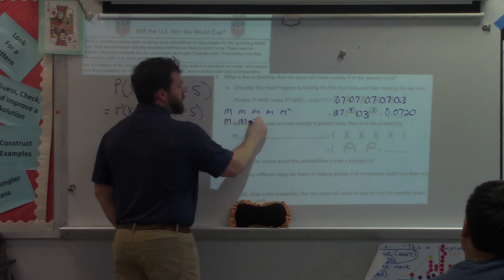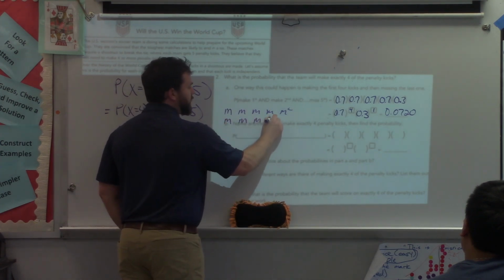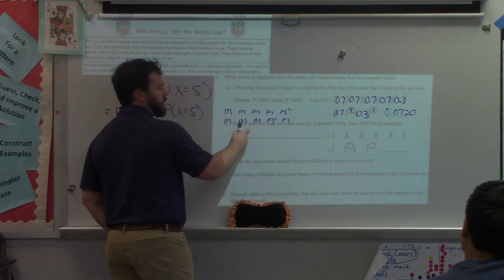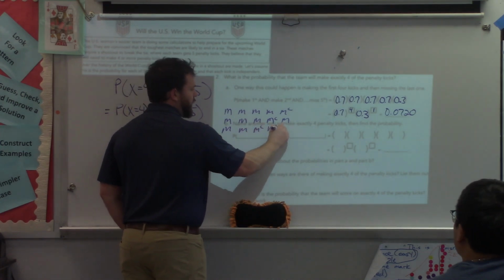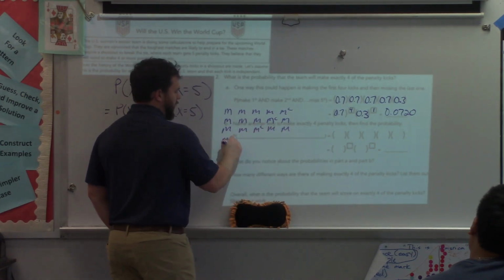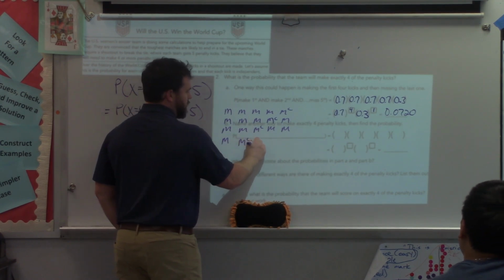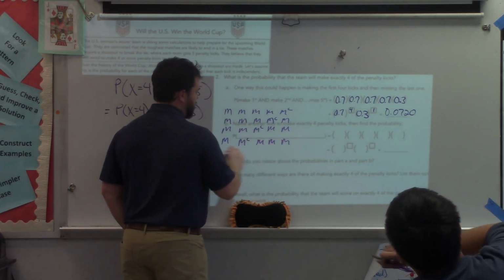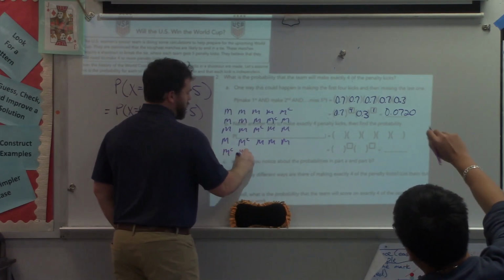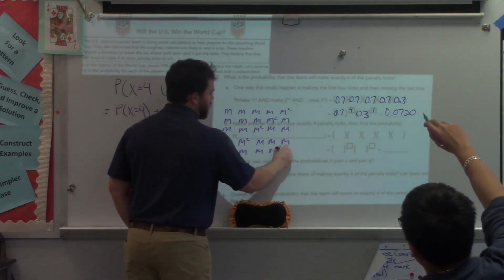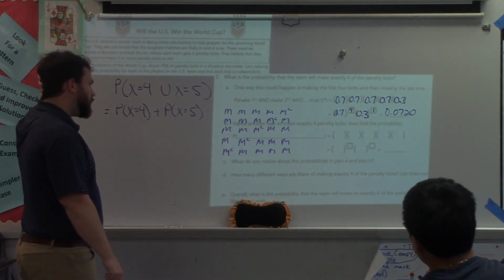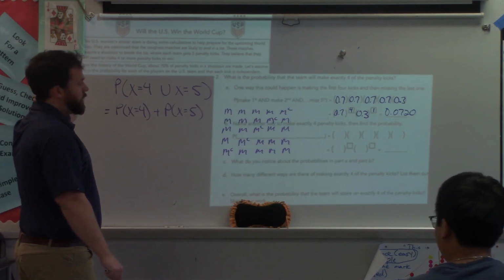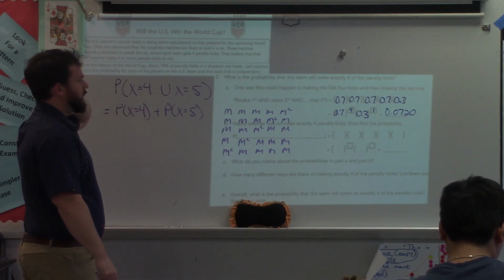I'm gonna do this methodically in the sense that I'm gonna just walk it back. Make, make, make, miss, make. Let's name another way to make exactly 4 penalty kicks, then find that probability.